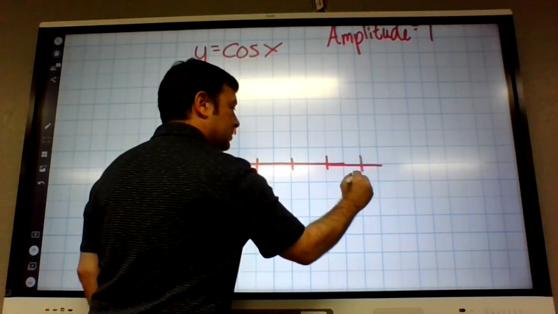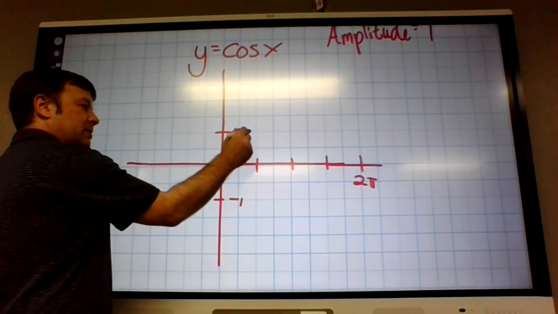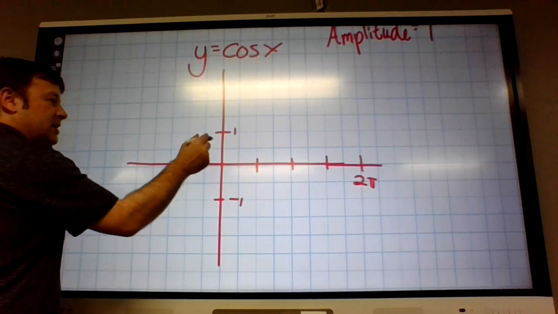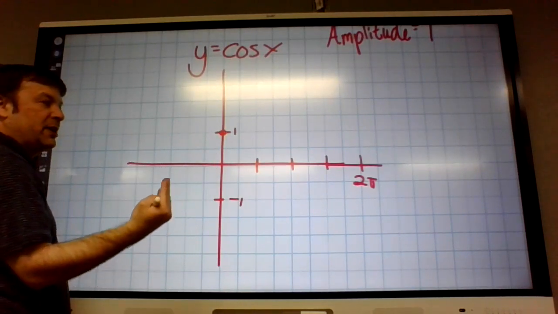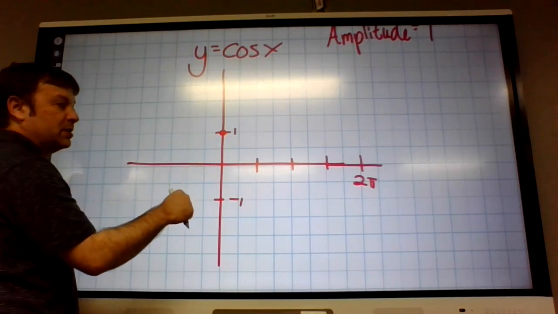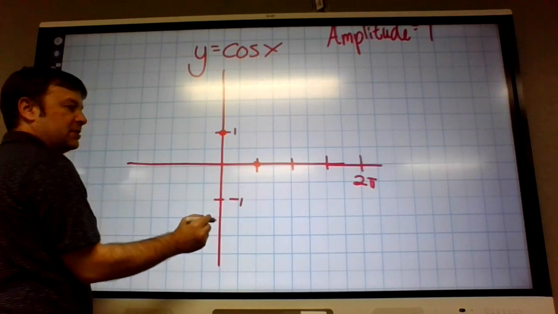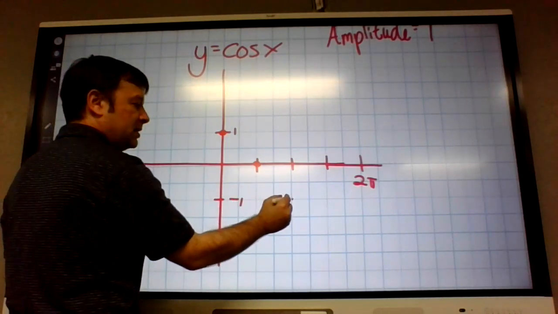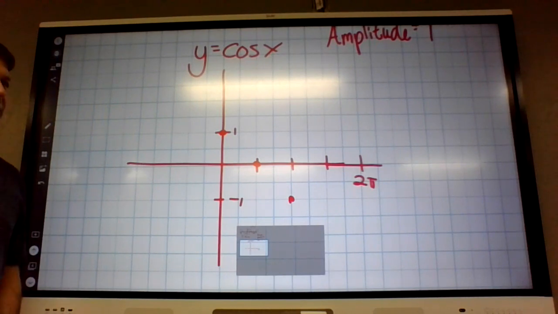Sine started at 0 going up. Cosine starts at 1. So if you plug into your calculator cosine of 0, it'd spit out 1. Cosine of 90, 0. Cosine of 180.